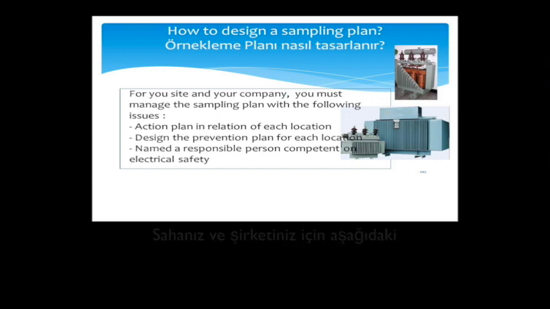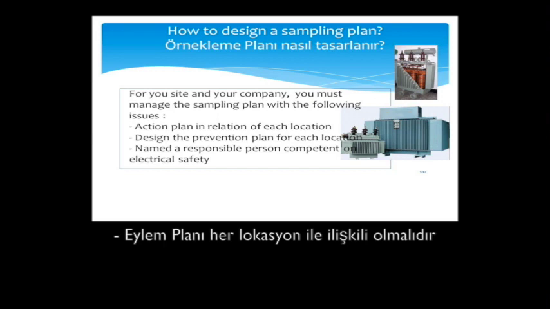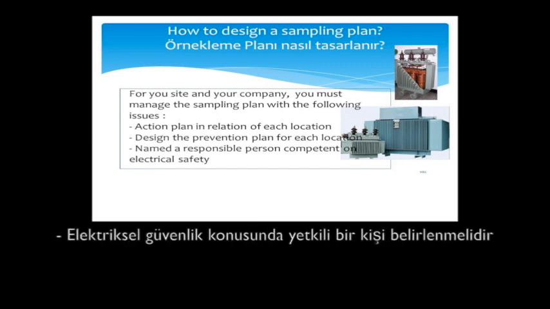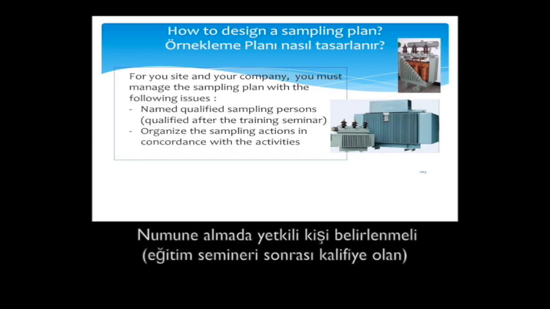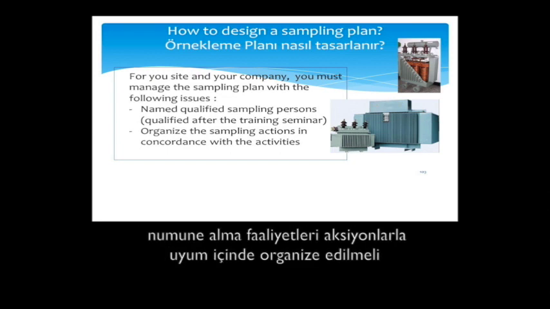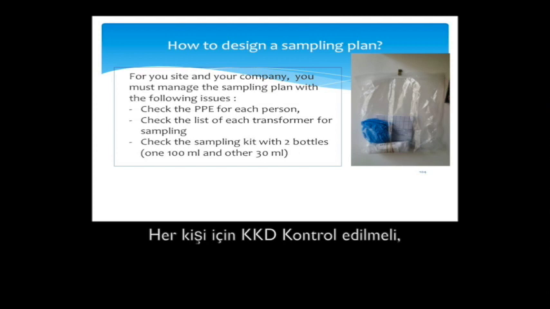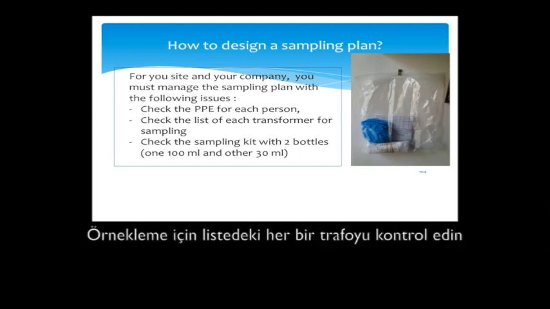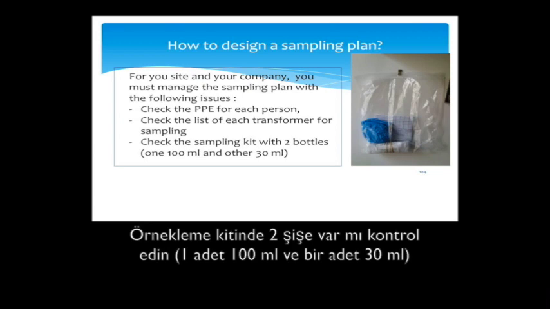For your site and your company, you must manage a sampling plan with the following issues: an action plan in relation to each location, design the prevention plan for each location, name people responsible and competent in electrical safety, name qualified sampling persons qualified after training and seminar, organize the sampling action in accordance with the activity, check the PPE for each person, check the list of each transformer for sampling, check the sampling kit with 2 bottles, one of 100 milliliters and another of 30 milliliters.